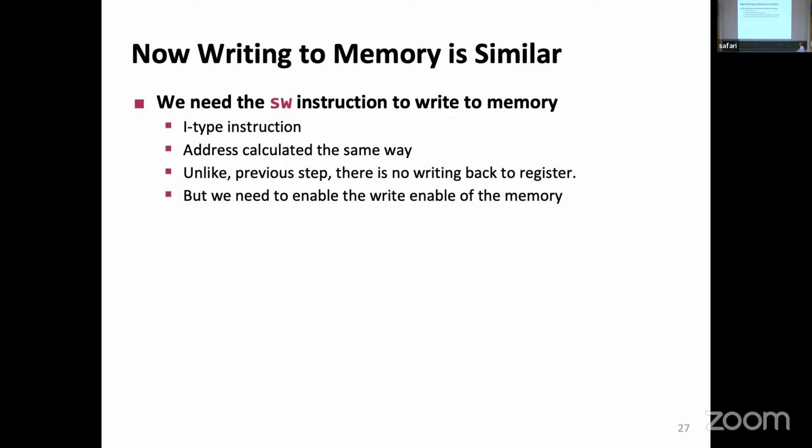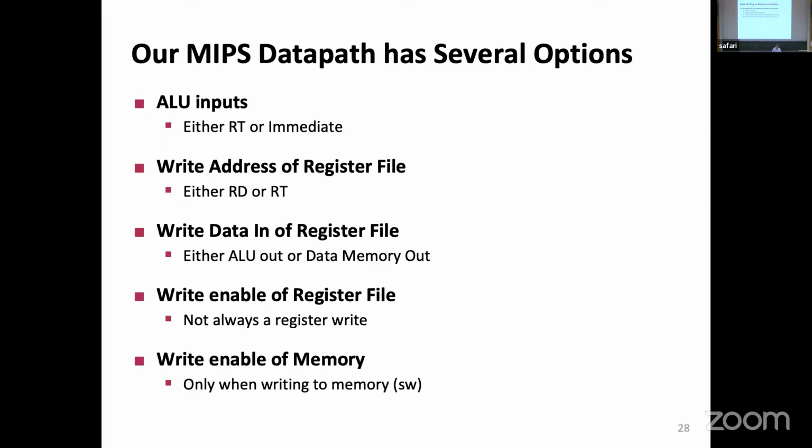So we are going to bring this value, the register here, and we are still going to calculate the address from here. So there are again a few differences happening. So what we realize is that the data path has several options. The ALU may have its inputs either from this register file, or it can be an immediate.